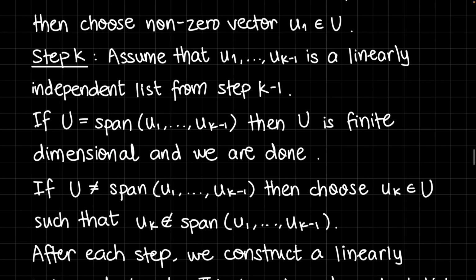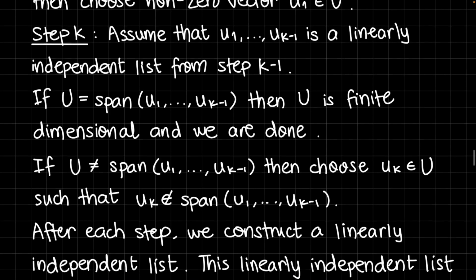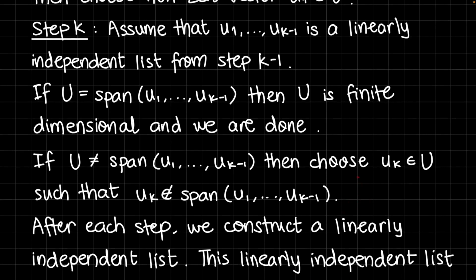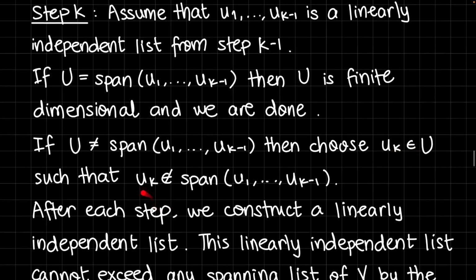But if U is not spanned by those k-1 vectors, then choose another uk belonging to U such that uk is not in the span of u1 through u(k-1).